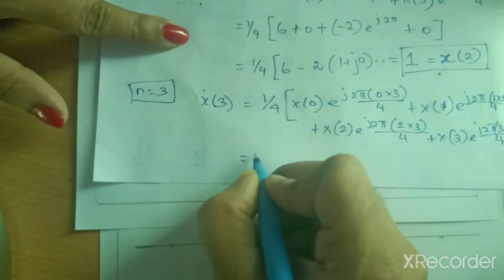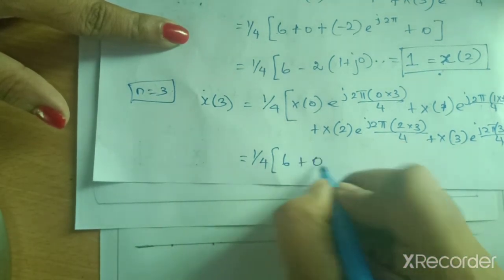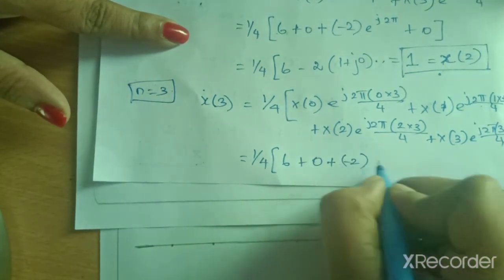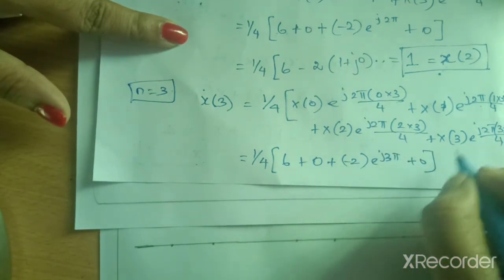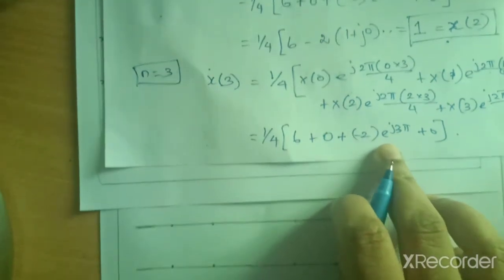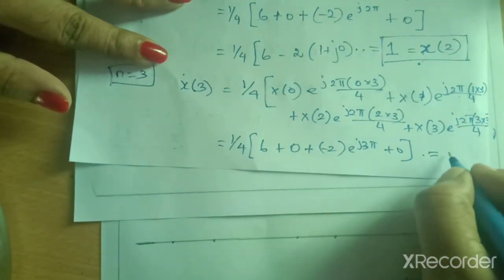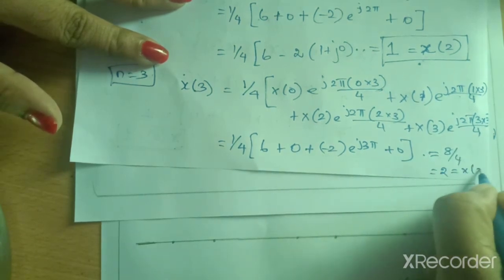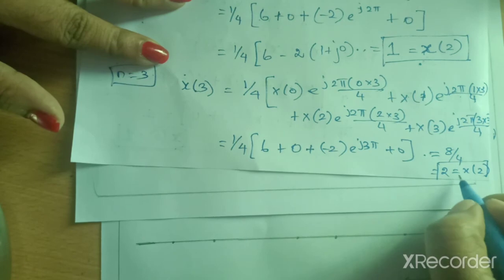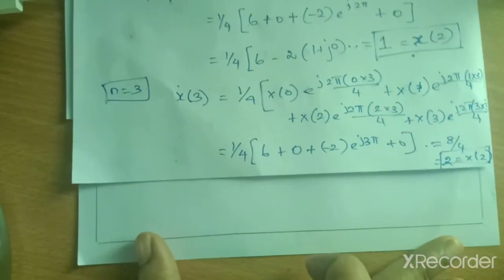So you have to solve this. 1 by 4 into 6 plus second term will be 0 plus minus 2 e power j 3 pi plus 0. By solving this we get the answer as 8 by 4 which will be 2. So the value of small x of 3 will be 2.